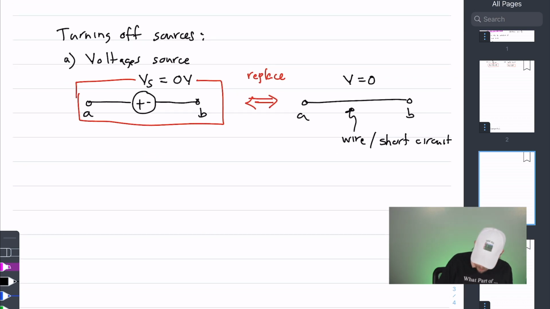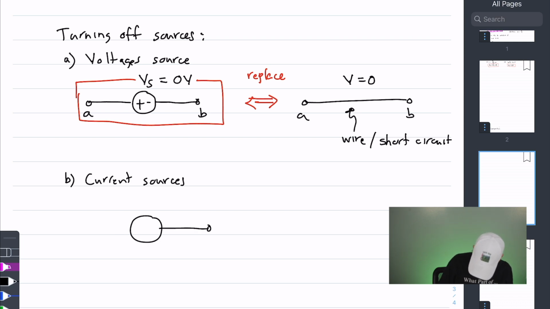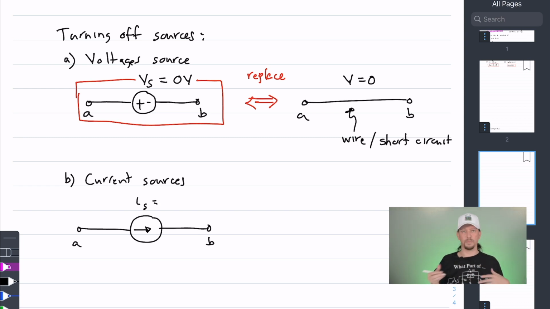Right. Now, for the second independent source, we have current sources. So here, suppose that you happen to have a current source, and it has two terminals A and B, and let's say that there's a current flowing from A provided by the current source all the way to B. Now, in general, this current source is going to have some value, maybe 1 amp or 10 amps or -3.5 amps, whatever it happens to be.